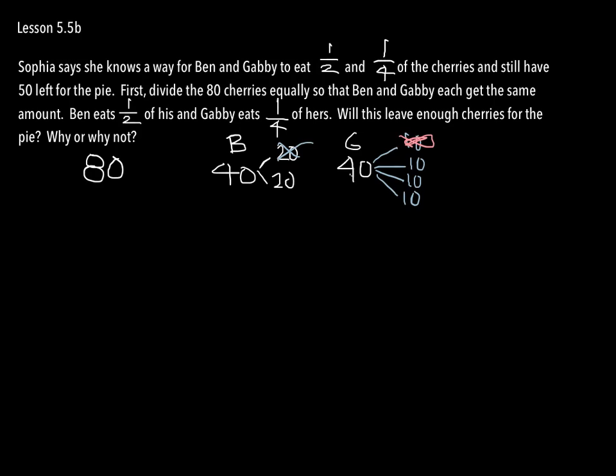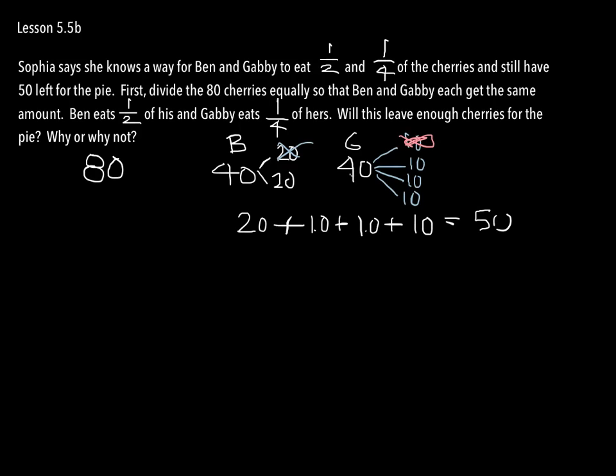Now, how many do they need to bake a pie and still have 50 left for the pie? So let's see how many they have. We have 20 plus 10 plus 10 plus 10: 20, 30, 40, 50 cherries left.